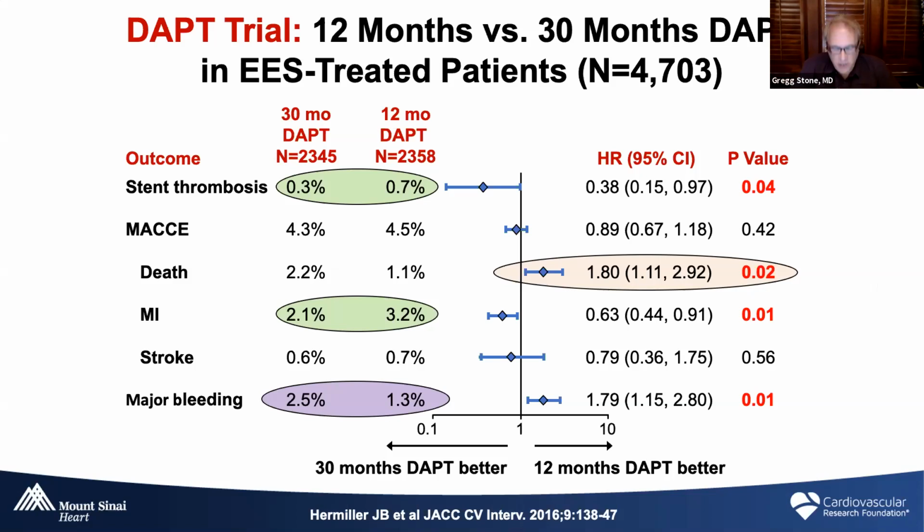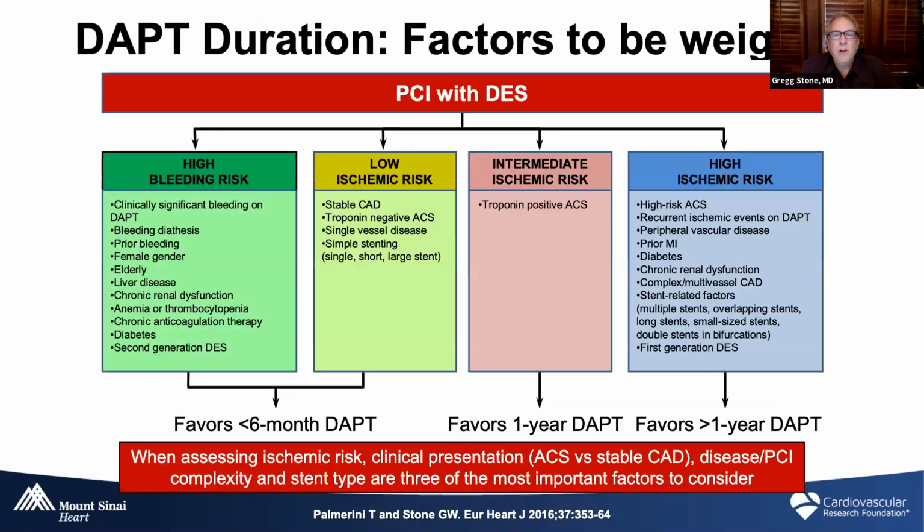So what is going to be the right duration? Well, you have to weigh these varying factors of ischemia versus bleeding. And this is from an article that we published. Many people have published this, looking at the relative risk factors. And people like to say that the same risk factors that predict bleeding predict ischemia.